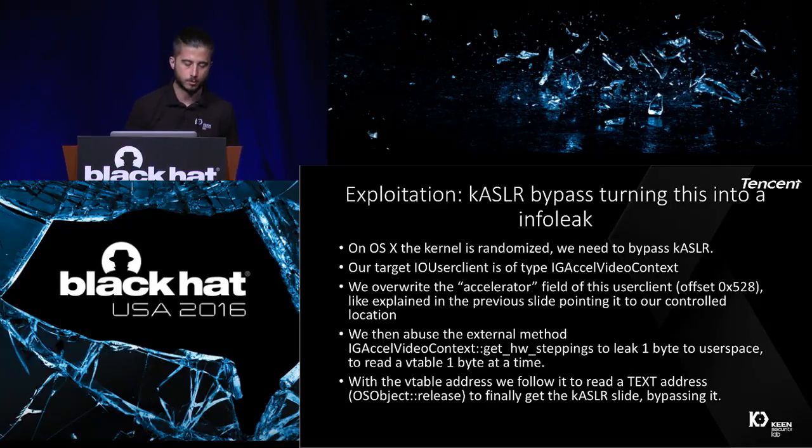Remember this number because we will use it again. We point it to our controlled location, and then we abuse this external method, get hardware settings, to leak 1 byte at a time to user space. First we read the vtable, and then we follow this vtable to read the OSObject release address. In this way we can obtain the KASLR slide.